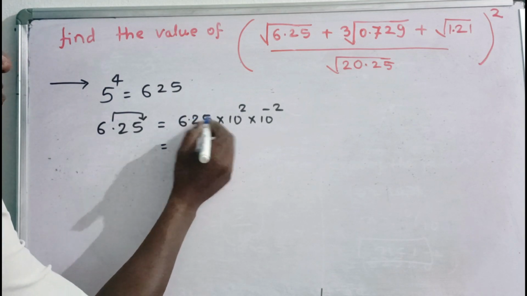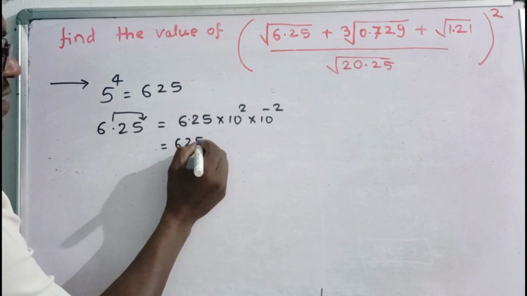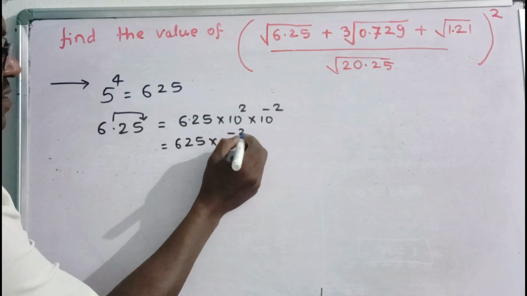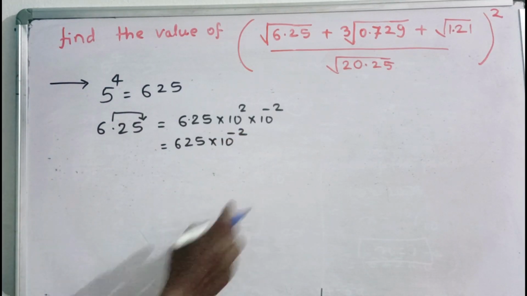It becomes 625 into 10 to the power minus 2.